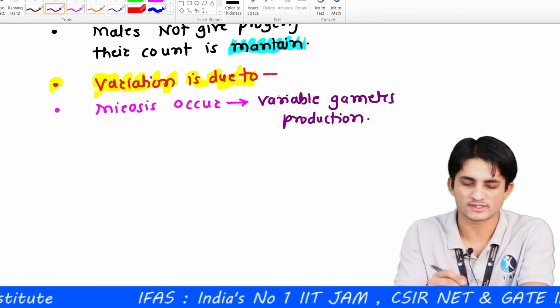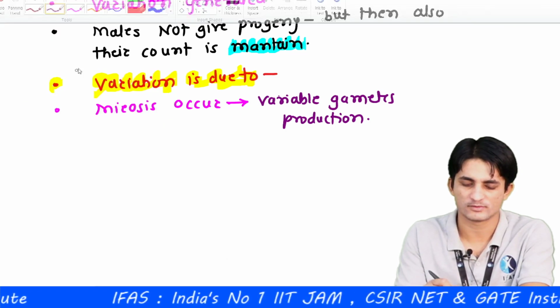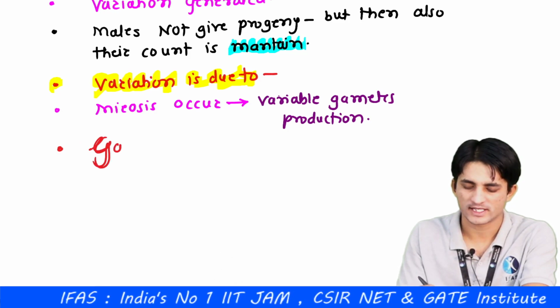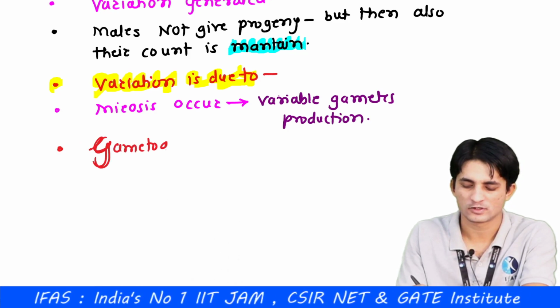Now meiosis occurs in the process of gametogenesis.